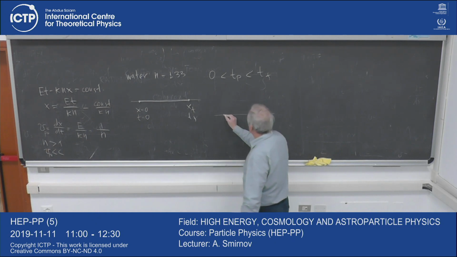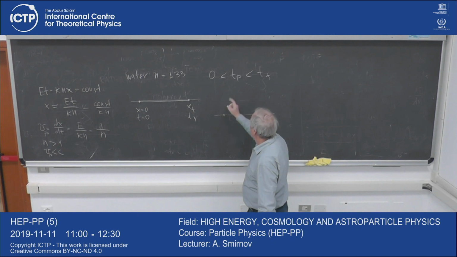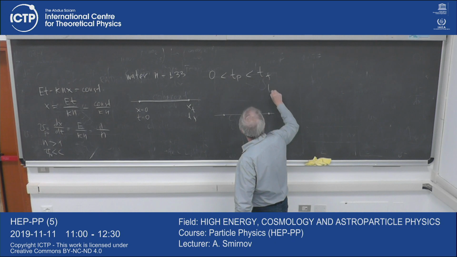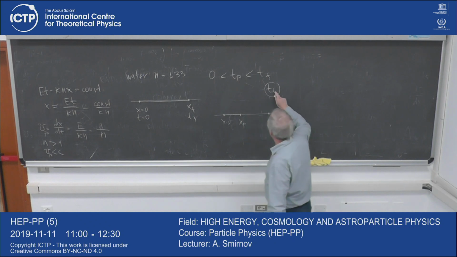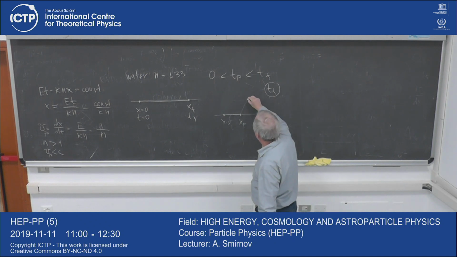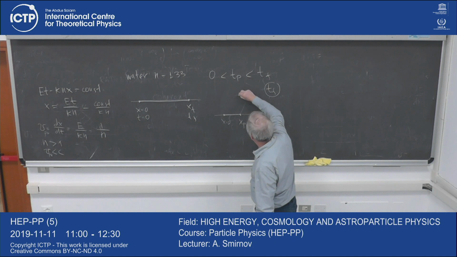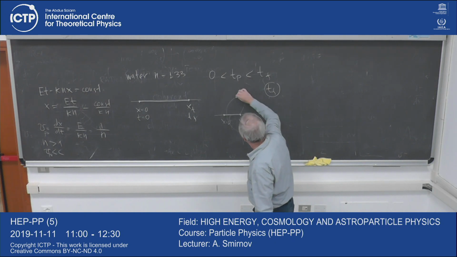So what's going on is, we are looking at everything at the moment of time t f. So the particle propagates and then emits the light at the distance x p. This is x equals 0. And then at the moment of time t f, the light has propagated and formed the front, something like this.